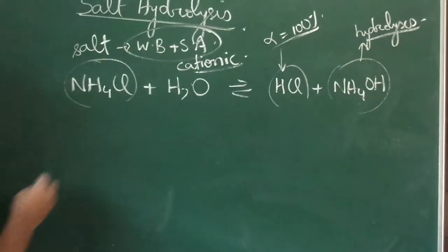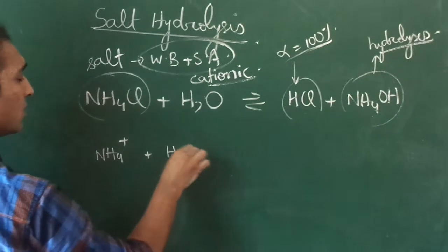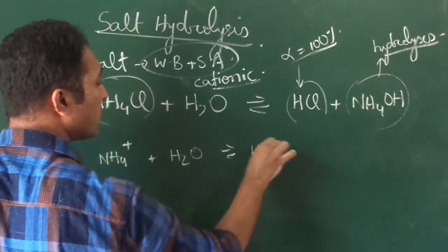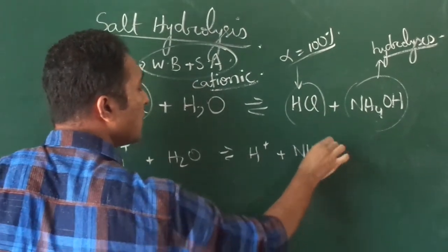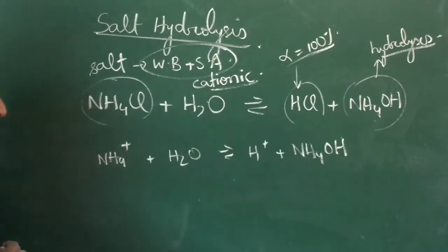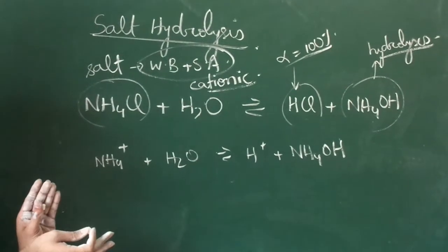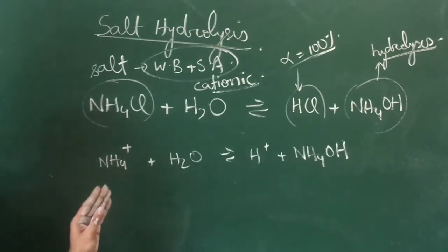What to do now? I am going to write NH4 plus H2O, and this gives you H plus NH4OH, right students? You need to understand one thing here. This is the hydrolysis part, right? This salt is undergoing hydrolysis. So the equilibrium constant will be replaced by KH, right?